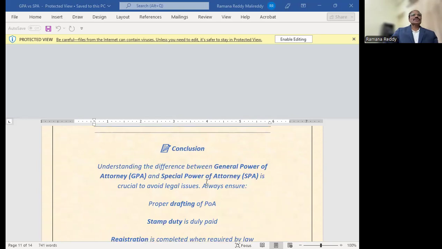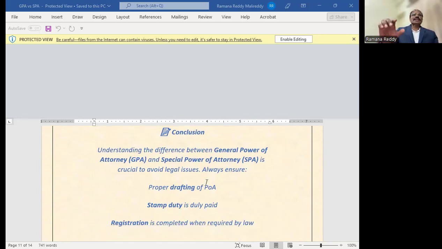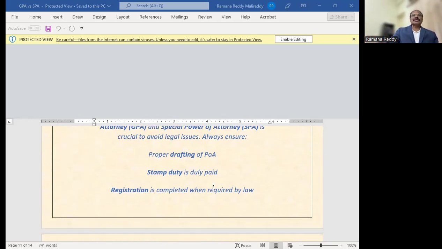So the conclusion is that understanding the difference between general power of attorney and special power of attorney, that is, between GPA and SPA, is crucial to avoid legal issues. Always ensure proper drafting of the power of attorney, with stamp duty duly paid and registration completed as required by law.